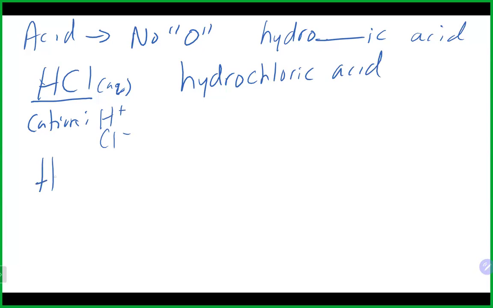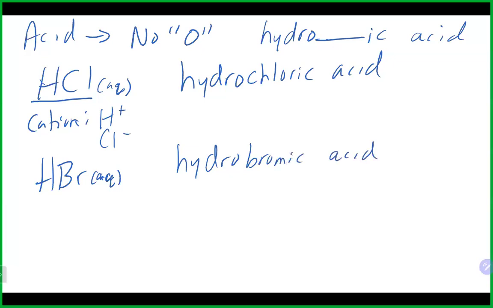If you had HBr in the aqueous form, which is a water environment, a solution basically, this is hydrobromic acid. Now you may be saying, earlier, didn't we just talk about HCl in the gas phase as being hydrogen chloride gas? And the answer is yes.